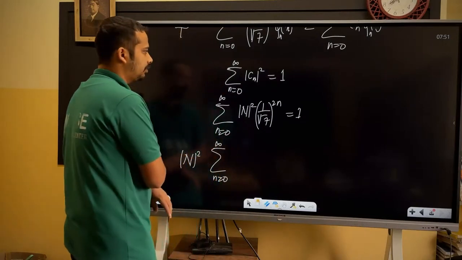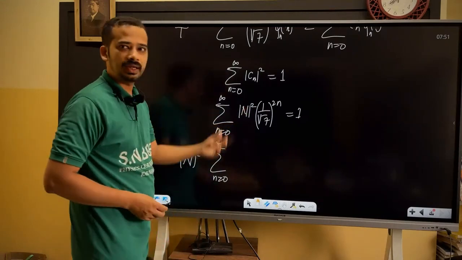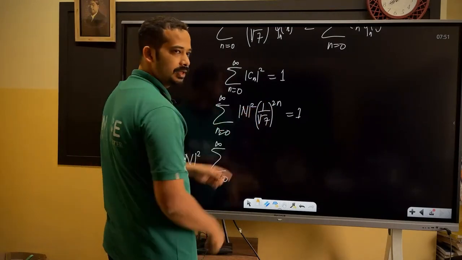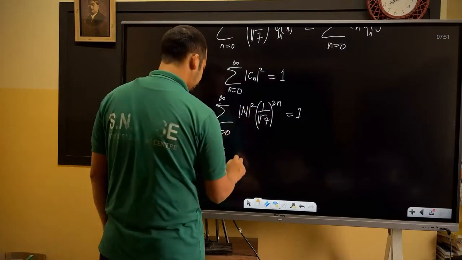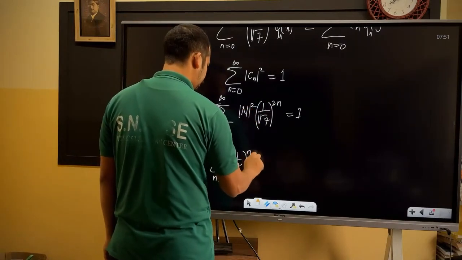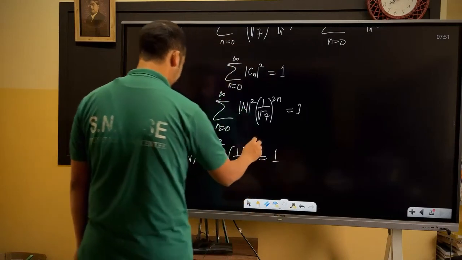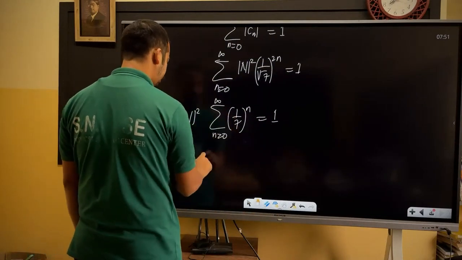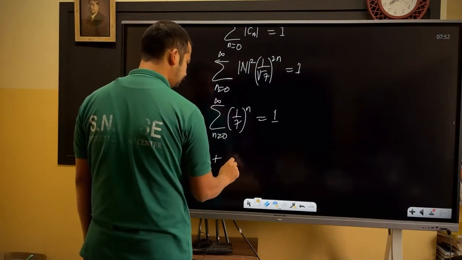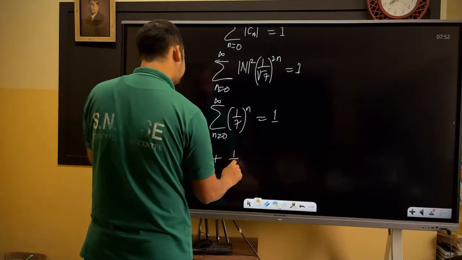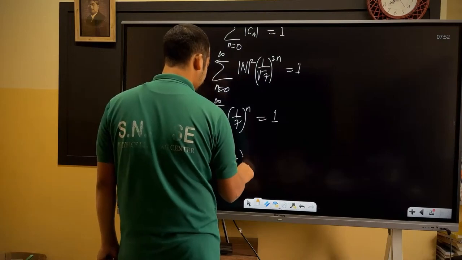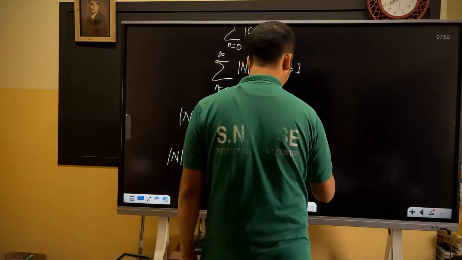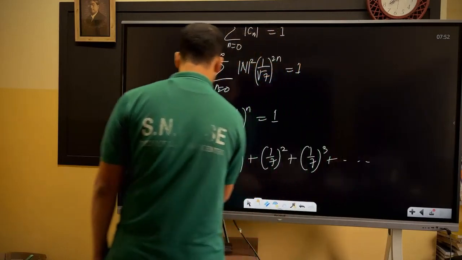Sometimes we feel like we don't know this infinite series. You write down a couple of steps and think over it. Now look here. I'll take the square inside. What is 1 by 7 power n? Power 0 is 1. So 1 plus 1 by 7 power 1, plus 1 by 7 power 2, plus 1 by 7 power 3, and so on.